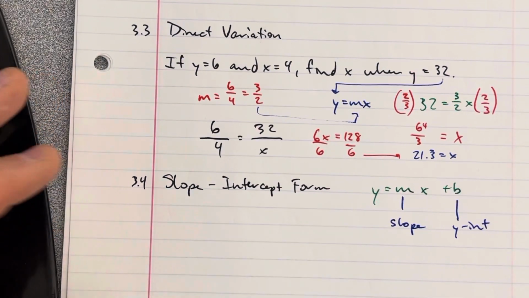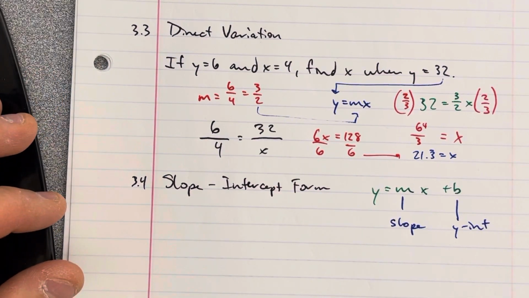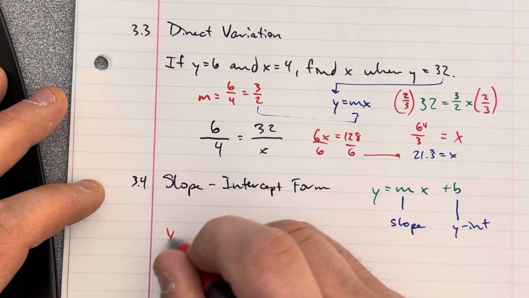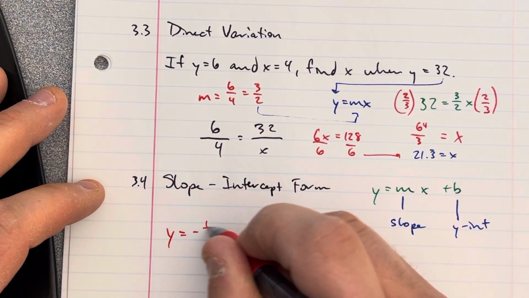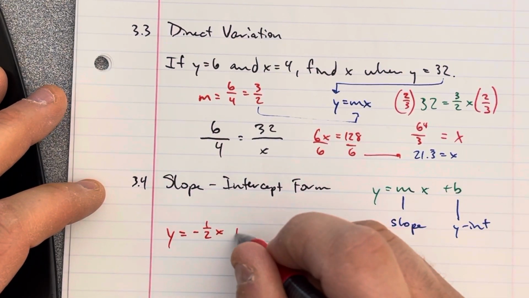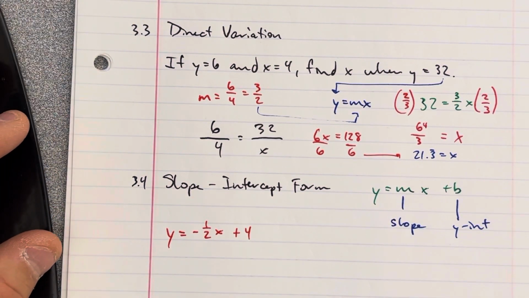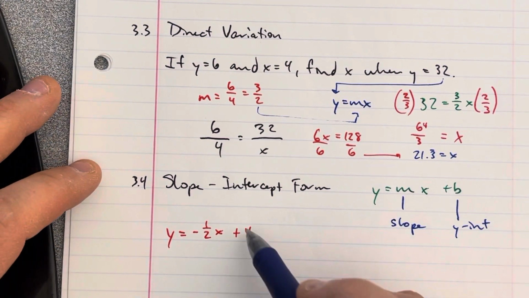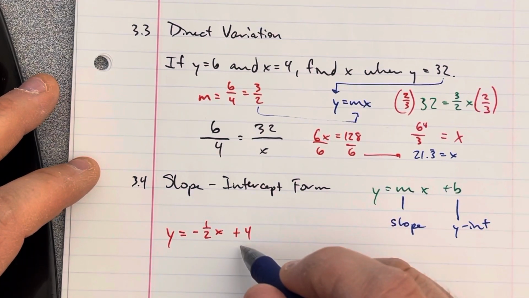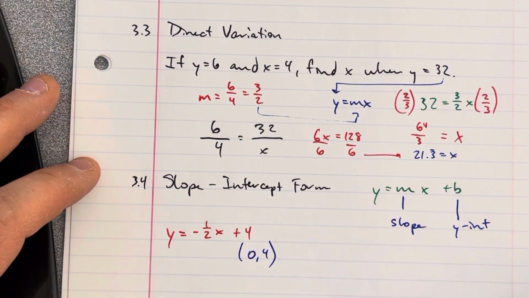So if I give you an equation like y equals -1/2 x plus 4, I can graph this information using this formula. Well, first thing I see is my y-intercept here. It's an ordered pair, 0, 4.